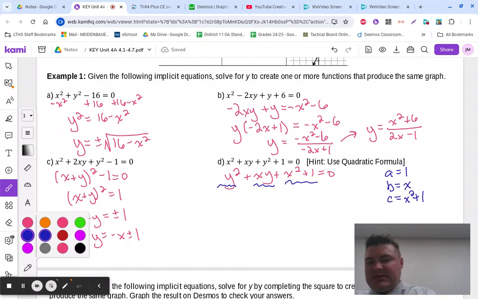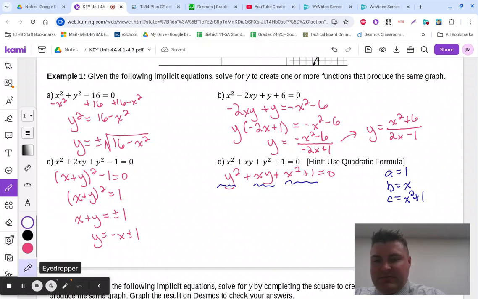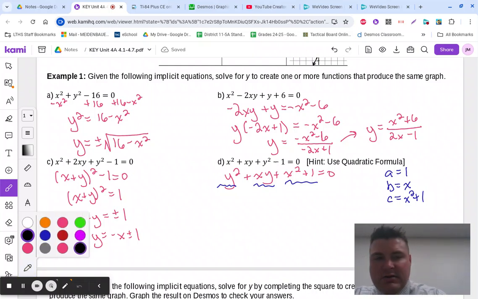Oh, I just noticed something here. I have a typo in my notes. We're going to rewrite this as a negative 1 right here. So let me change this. Oh no, how do I change colors? Oh, eyedropper. There we go. We're going to change this to a -1. Okay. Make a little note right here.